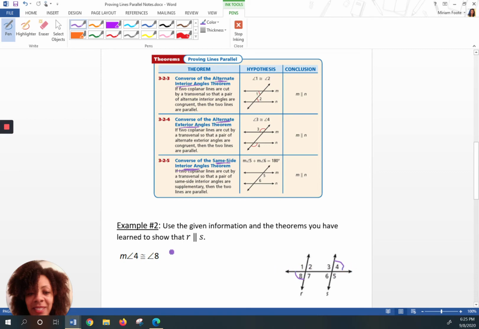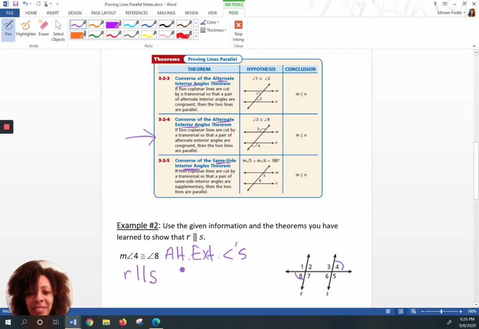So we know that these are called alternate exterior angles. And I am trying to prove that line R is parallel to line S. And again, I would look at the converse theorem that tells me that this is true. It says if two coplanar lines are cut by a transversal so that a pair of alternate exterior angles are congruent, then the two lines are parallel.